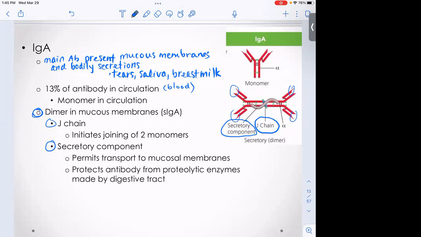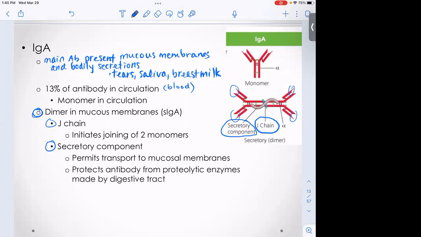In the mucous membranes of our digestive tract, for example, there's lots of enzymes mixing around to digest our food. We don't want those enzymes to non-specifically break down our antibodies that are there to help guard against foodborne pathogens.